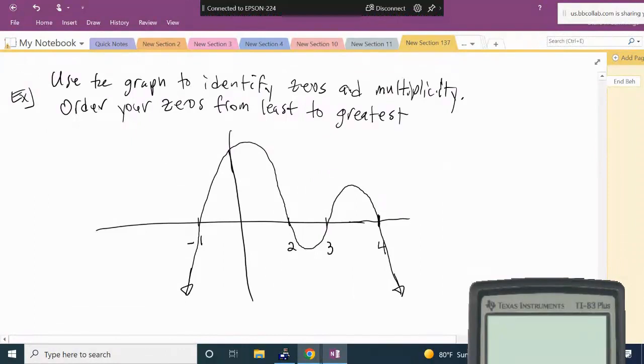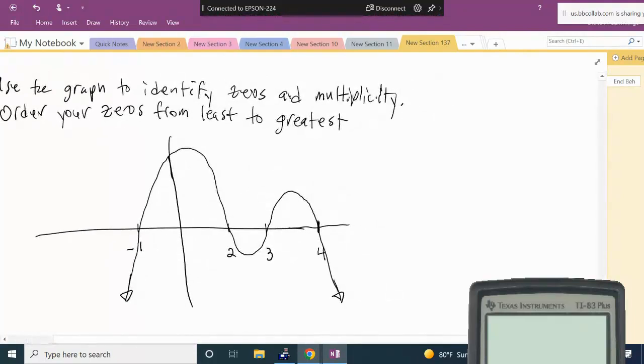So I didn't draw out an elaborate graph or anything. I just sort of labeled out the X-intercept points. All right. So first off, just keep in mind that the X-intercept is the same thing as a 0. So the X-intercept is the point where the graph crosses the x-axis.